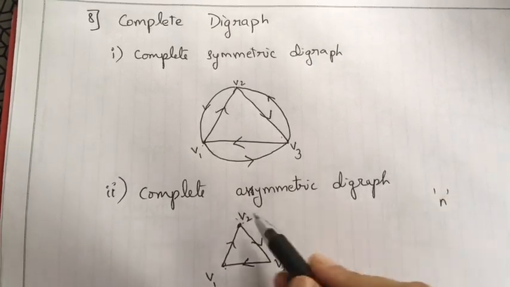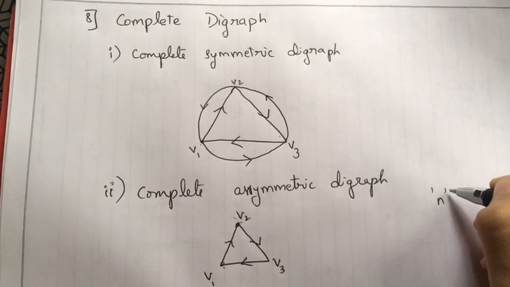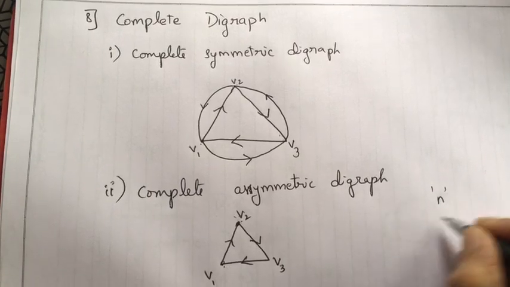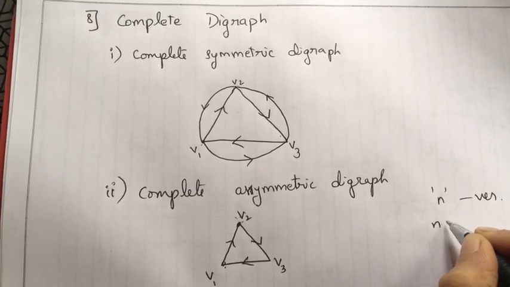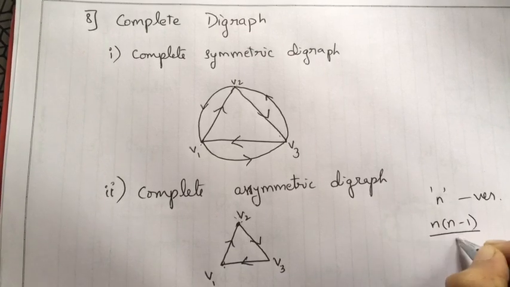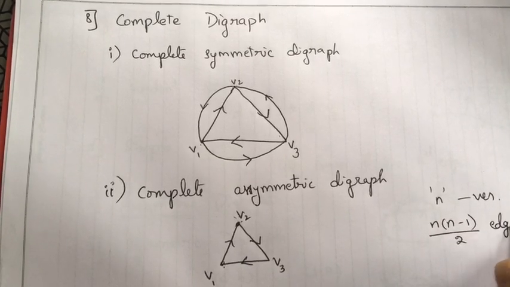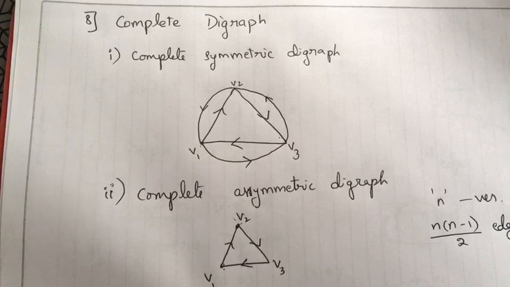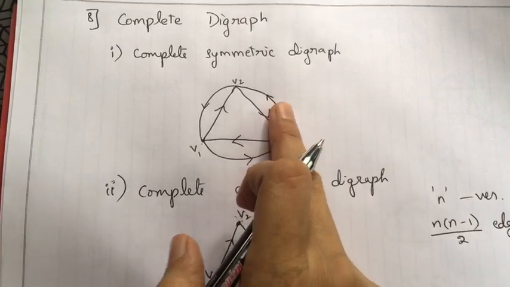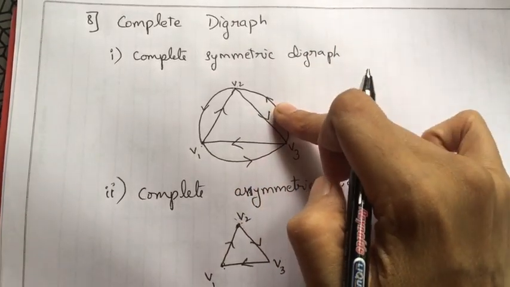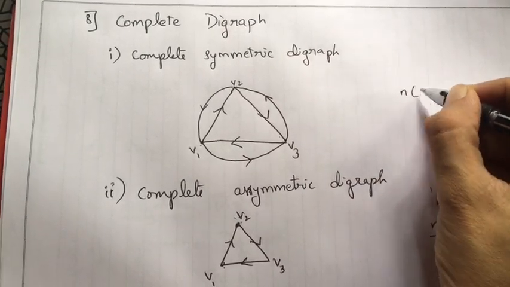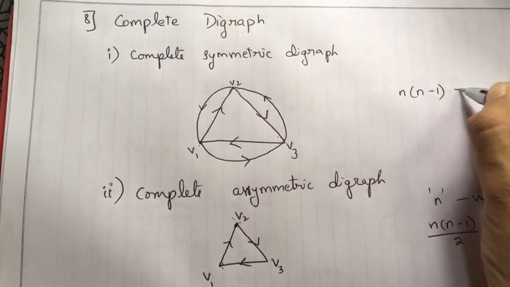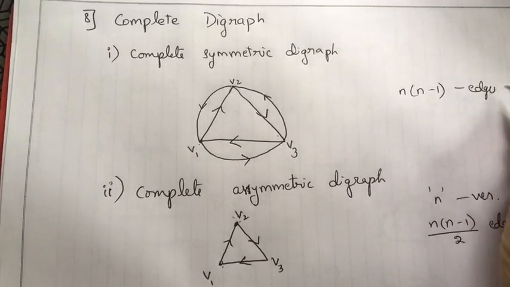So a complete asymmetric digraph with n vertices contains n into n minus 1 by 2 edges, but a complete symmetric digraph on n vertices has n into n minus 1 edges.